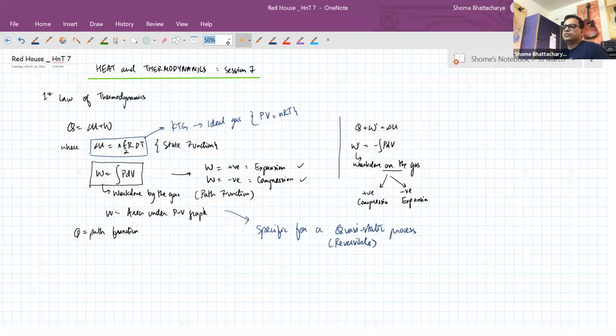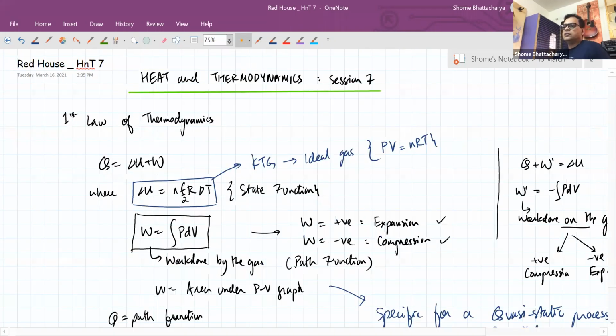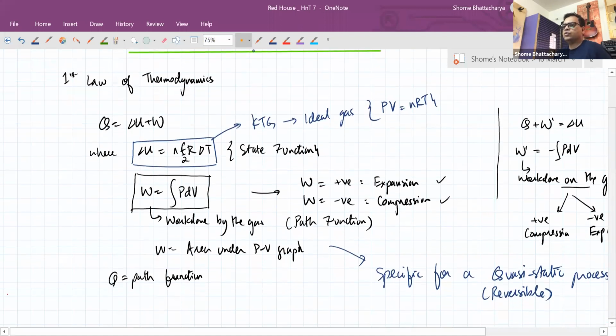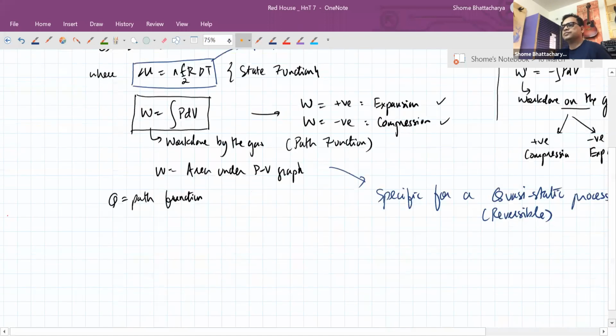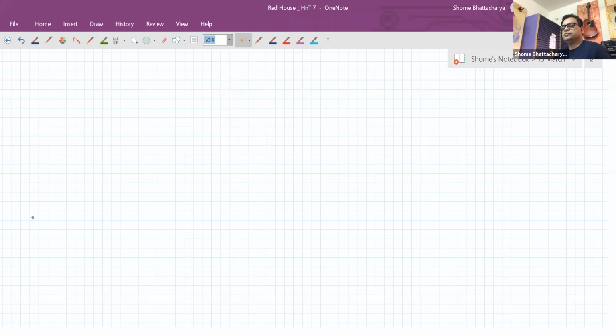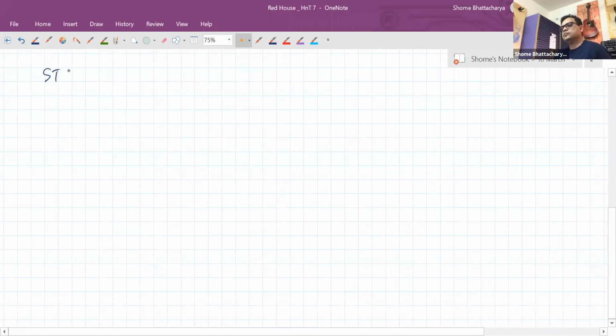Now today let us first of all start with the understanding of the standard named processes, or the four standard types of processes. So the first one, as you know, is the isochoric process.